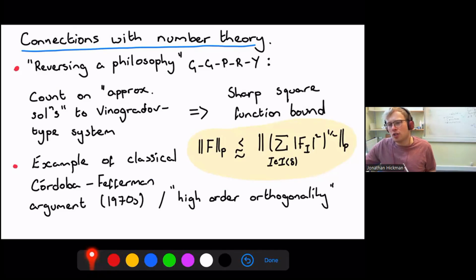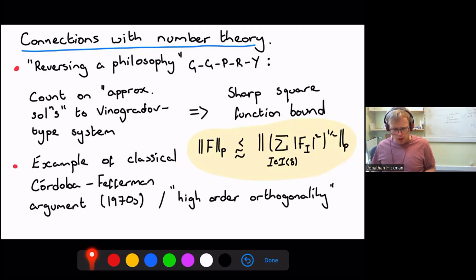But here the implication is reversed. In particular, they observed that you can deduce the square function bounds as a consequence of a count on what I'll refer to as approximate solutions to a Vinogradov type system of equations, so a system involving power sums.